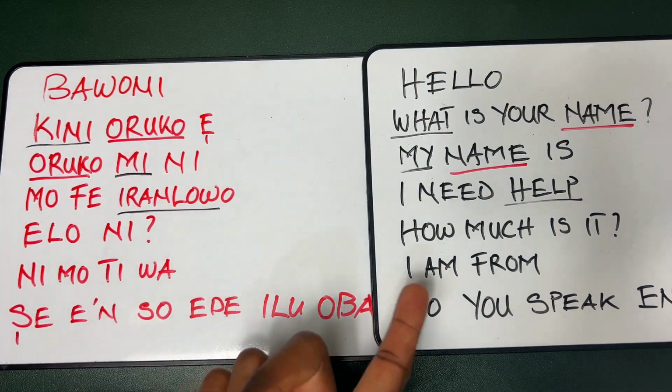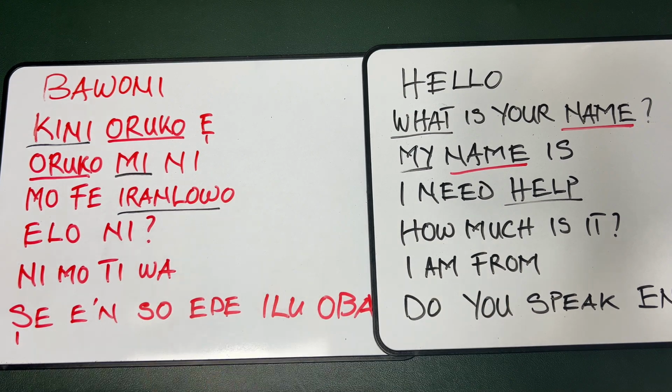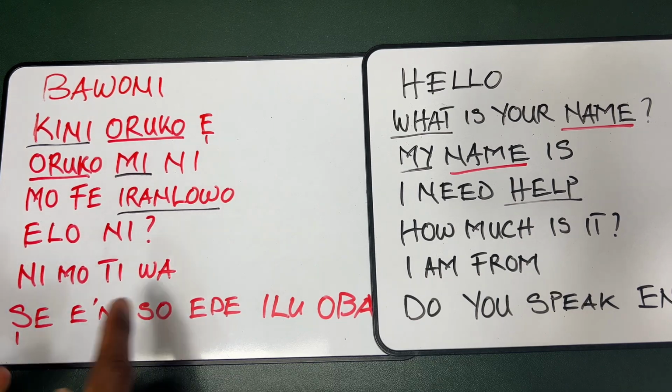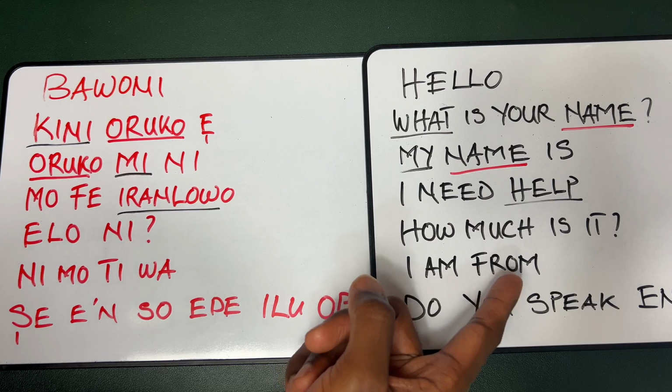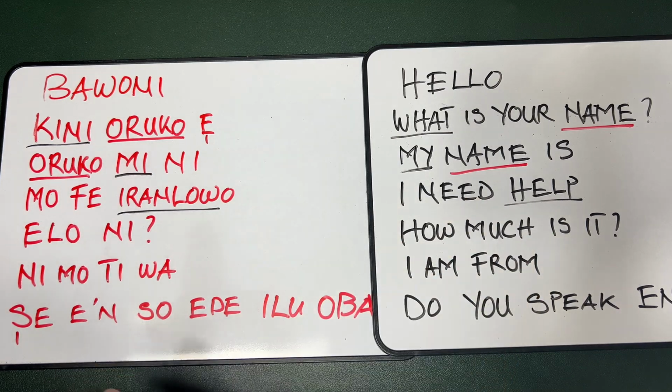So you can say I am from, for example, Lagos. You would say Eko ni mo ti wá. Eko ni mo ti wá. So you see that thing about possession, where to own something. So the ownership here, where you are from, starts the sentence.